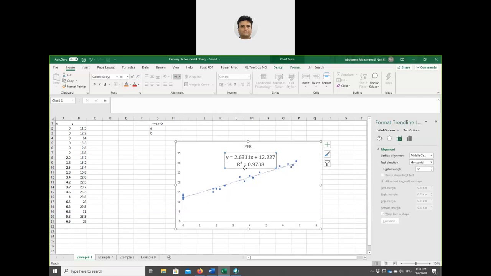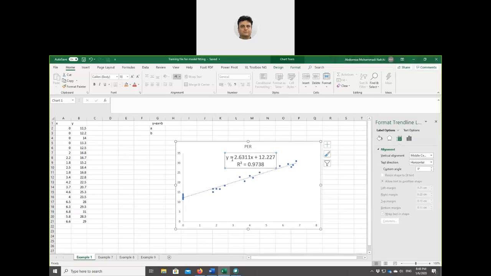So make sure that in this one, the R square is close to 1. Yeah, 0.97 is very good, and your data is fitted by this linear regression.